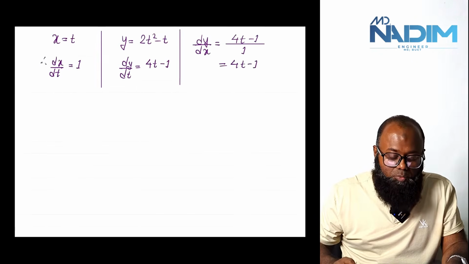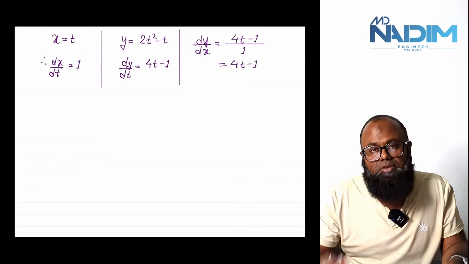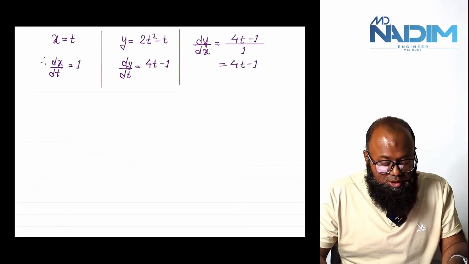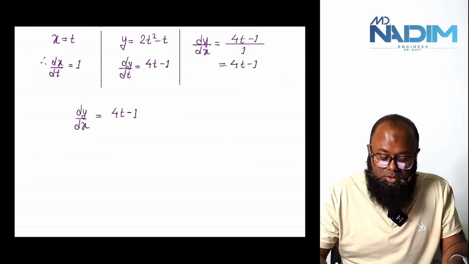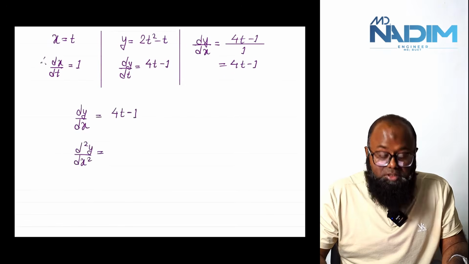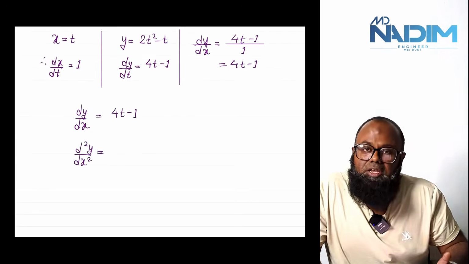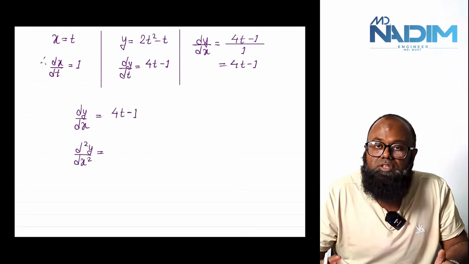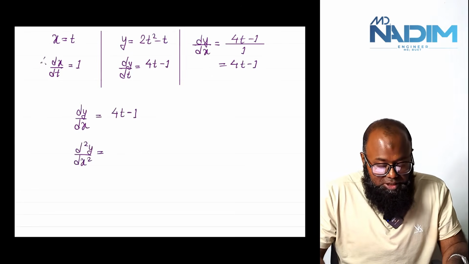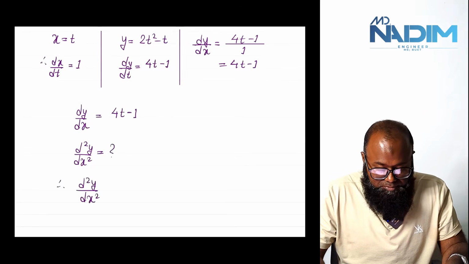Now, we want to find the second derivative. We know that dy by dx is 4t minus 1. The second derivative is actually d by dx of the first derivative.